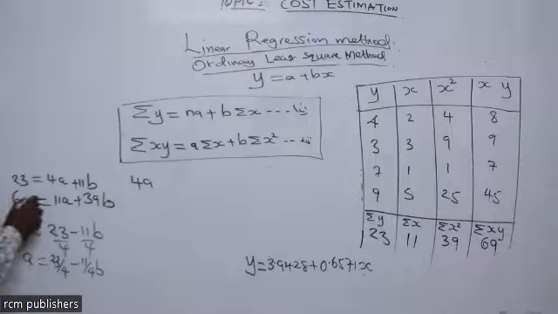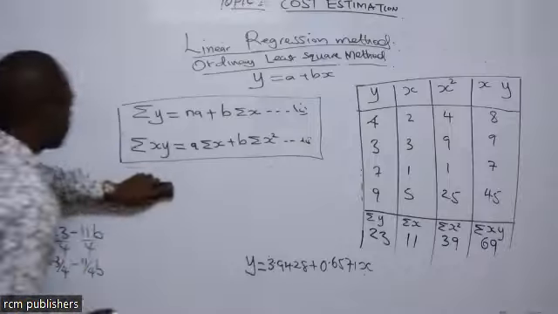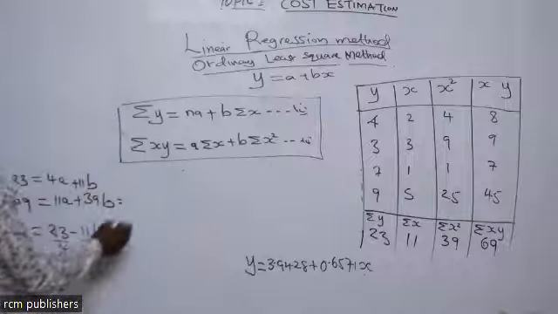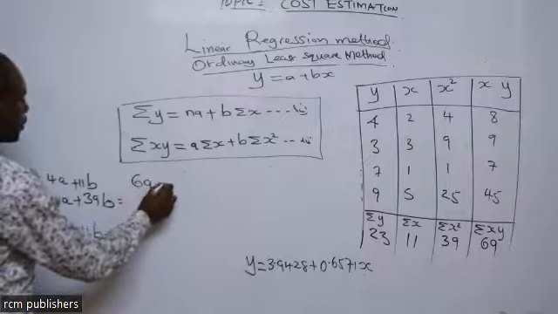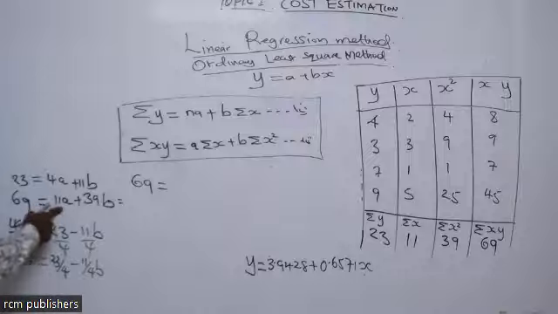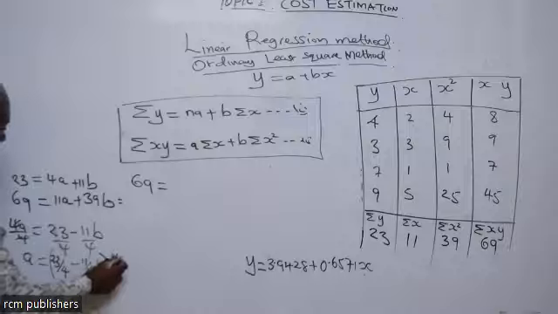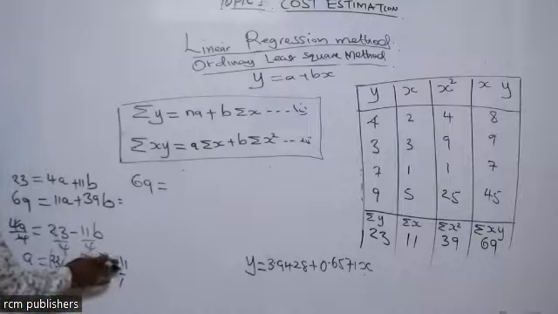So the first thing that I'm able to see here is, now I come to this second question and say 69 is equal to 11A. And what is my A? This is my A. So the whole of this multiply by 11 over 1. The whole of that multiply by 11 over 1.